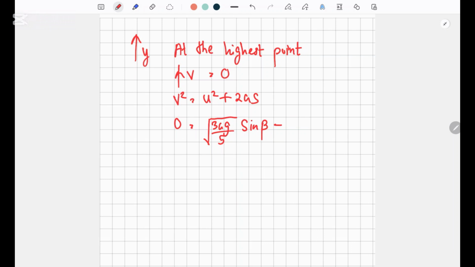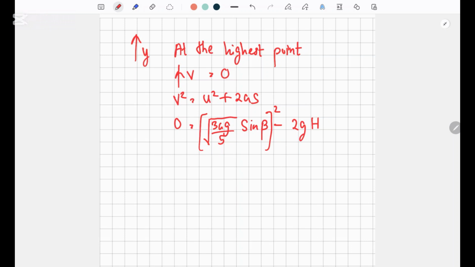Minus, because when a particle is moving upwards, the acceleration is negative; it's decelerating, since gravity acts downward. So it's minus 2gh, where h is the maximum height. And I'm sorry, this should be squared, because it's u squared.